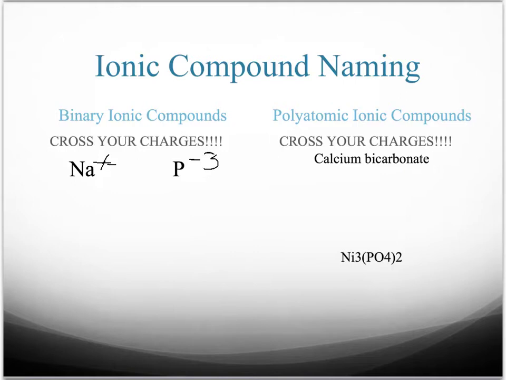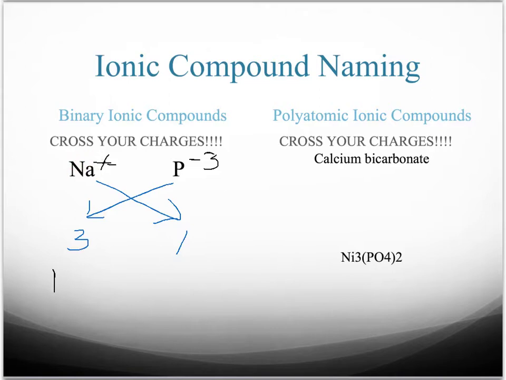So now that we know our two charges, all we have to do now is cross them. So then the 3 will come over here. The 1 will come over to the right side. Now all we have to do is bring down our elements. So we have our sodium.